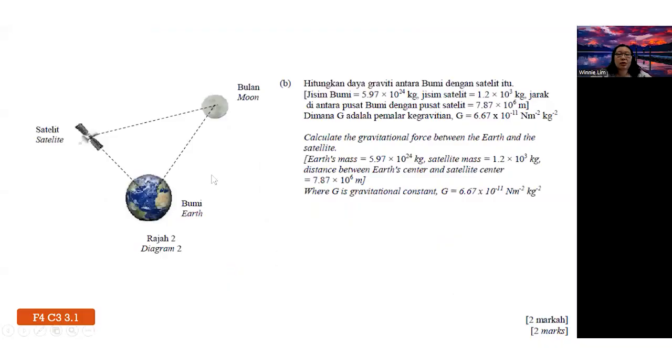We proceed to part B. Calculate the gravitational force between the Earth and the satellite, which means now you apply the formula I showed just now, F equals capital G, M, small m over r squared.